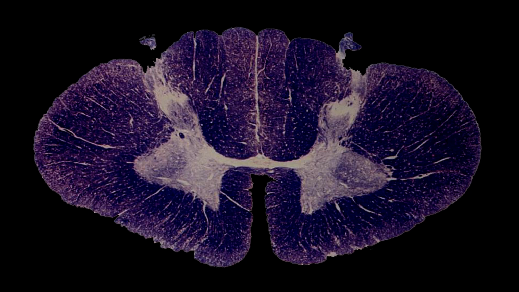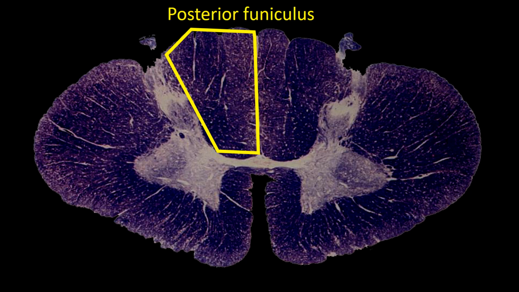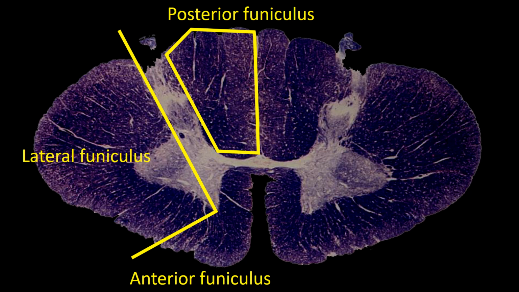Unlike in the nerve, where the different sensory modalities are intermingled, in the spine, the modalities are anatomically separated. At this level, we can see the dorsal compartment, called the posterior funiculus, the lateral funiculus, and anterior funiculus, separated by the angular yellow line in this frame.